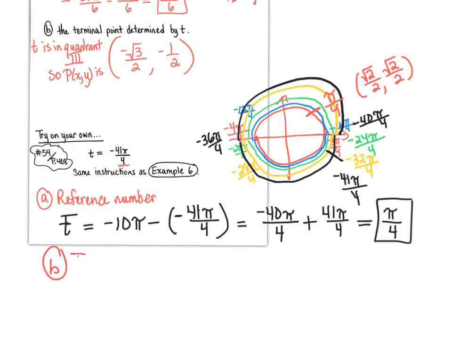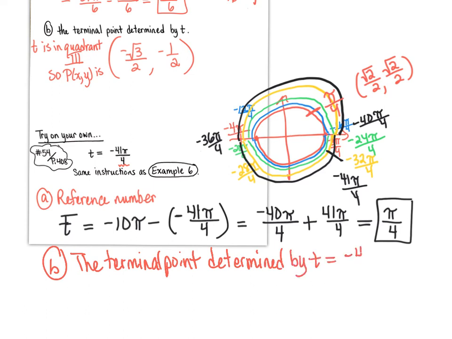So in B, we want the terminal point. Determine phi of t. What is it? Square root of two divided by two, negative. Talk loud.